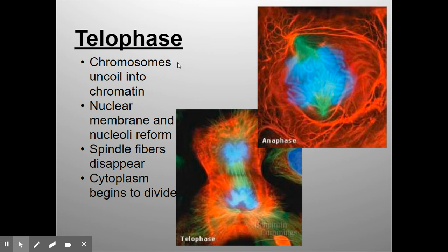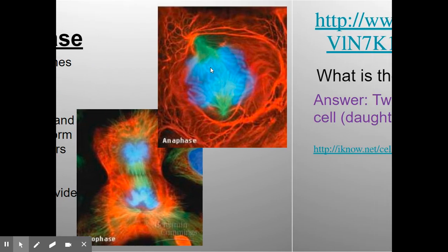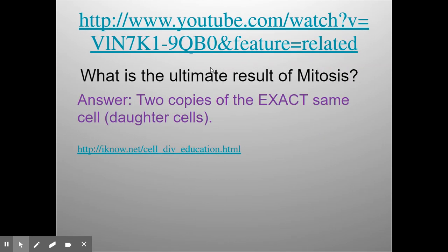Okay, those are technically the 4 phases of mitosis. Once you finish with mitosis, we go on to the next phase, and we'll talk about that in a second. I have 2 things for it. One is a video, the other one is just I'm going to look at a couple things.